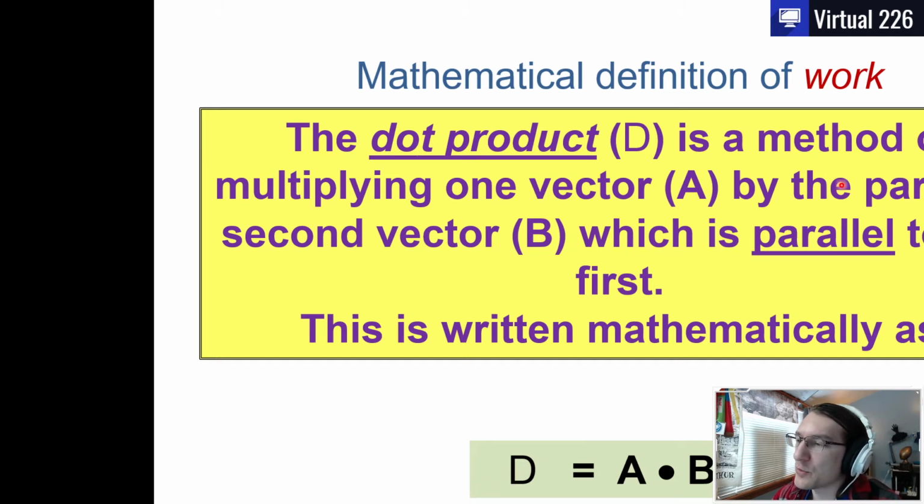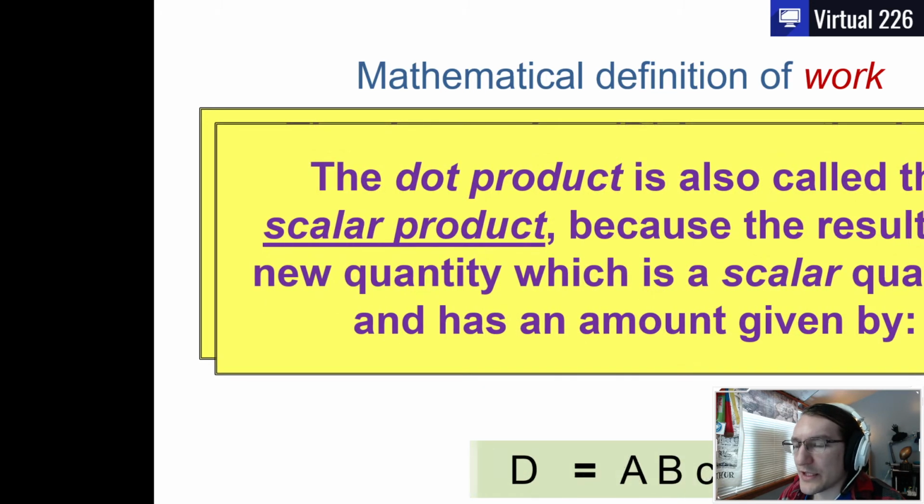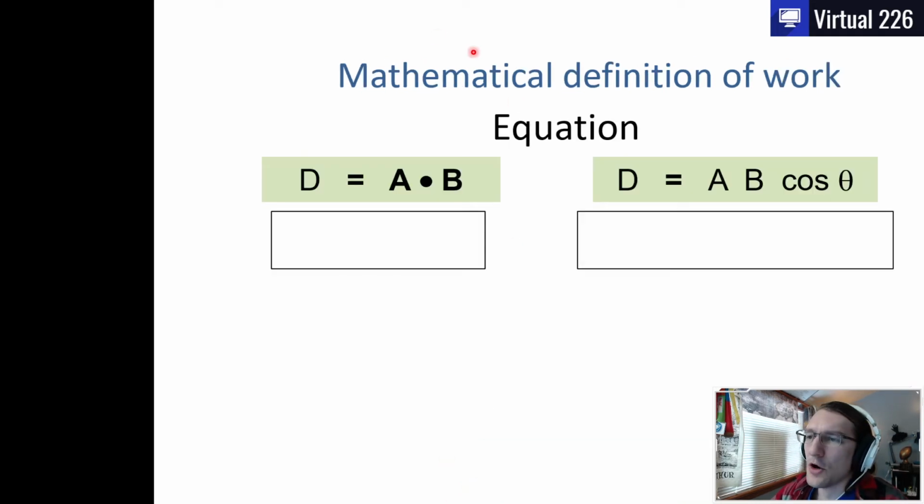Now what we're trying to do here is say how much of vector A is parallel to this vector B, or vice versa. I like to think of it more easily as vector A being parallel to vector B, and we'll see a demo of that in a second. When we actually build this out and get our scalar answer, some given amount, for work, this value D here, this scalar here, that is going to be the work.